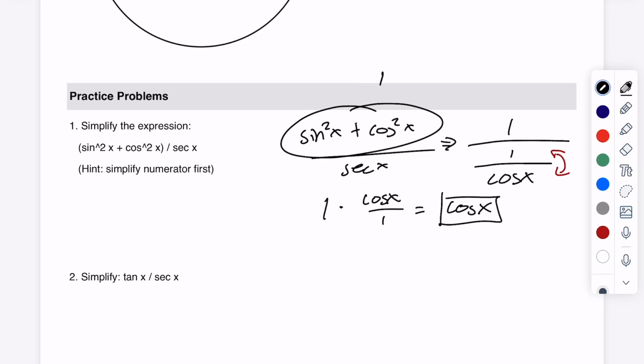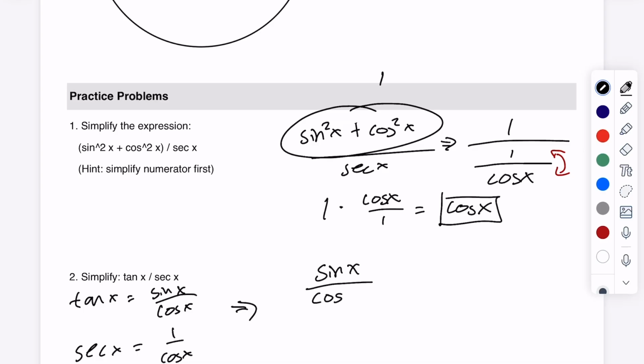Okay, here we have tangent x divided by secant x. So tangent is equal to sine over cosine, and secant is equal to 1 over cosine. So what we have is sine over cosine over 1 over cosine x.